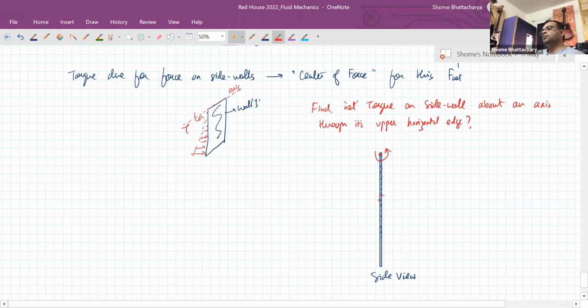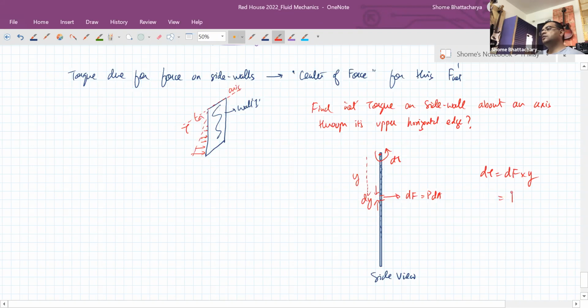So on a small element like this of thickness dy at a depth of y, there's a force dF like this, which is P dA. So that is creating a torque like this. That is equal to that force into the moment arm.